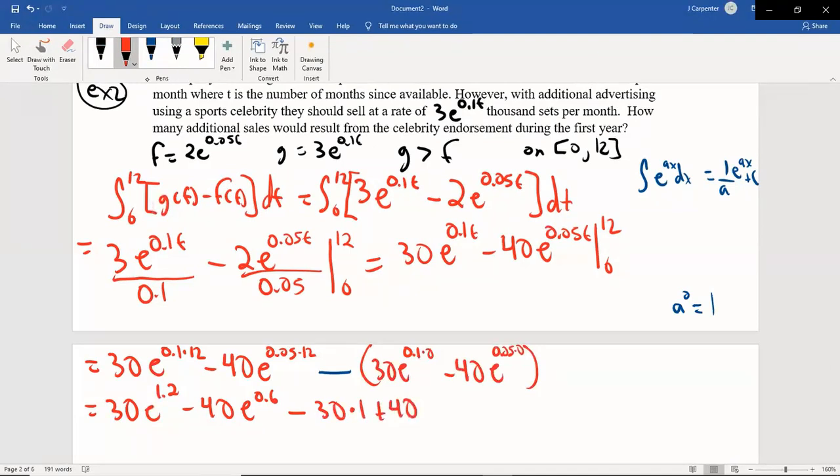And this e to the 0 is going to be another times 1. 0.1 times 0 is 0. e to the 0 is 1. 0.05 times 0 is 0. e to the 0 is 1. These first two e terms you're stuck with because they're not 0, and we certainly don't know what either of those are. But the last ones we do. So what we get is 30 e to the 1.2 minus 40 e to the 0.6, minus 30 plus 40, which is a plus 10.